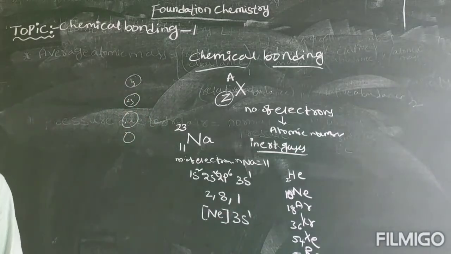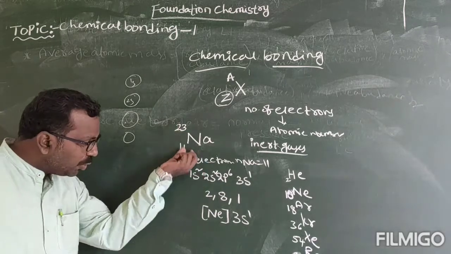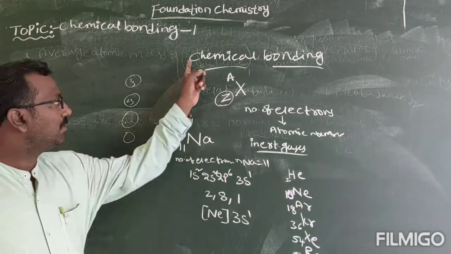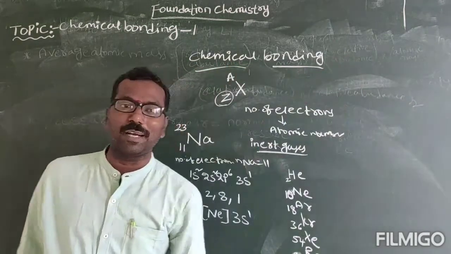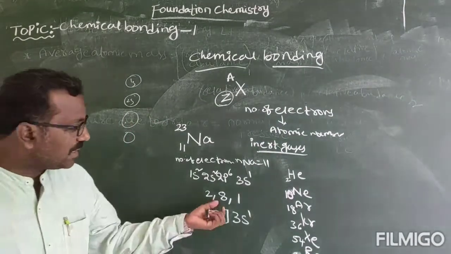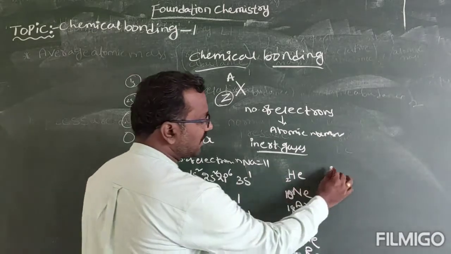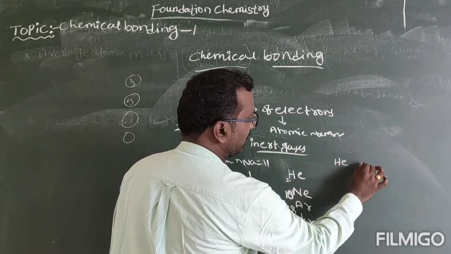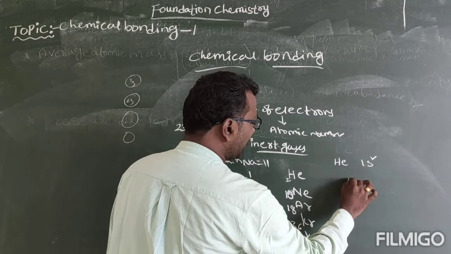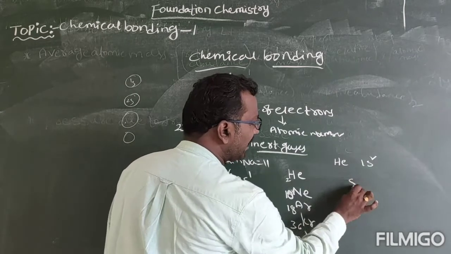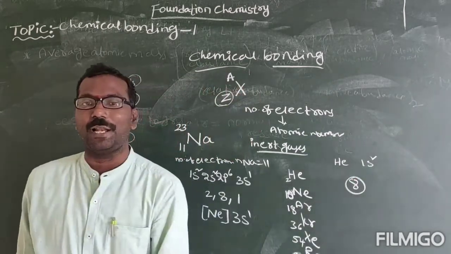Now if you know all these, then you can understand the topic chemical bonding. We all know that all inert gases, except helium, have 8 electrons in their valency shell.